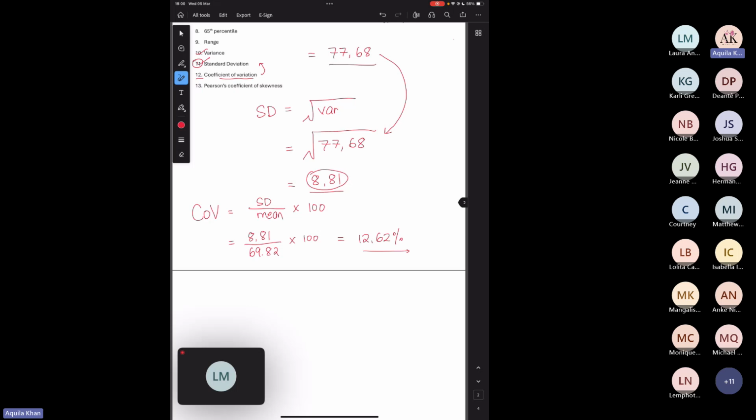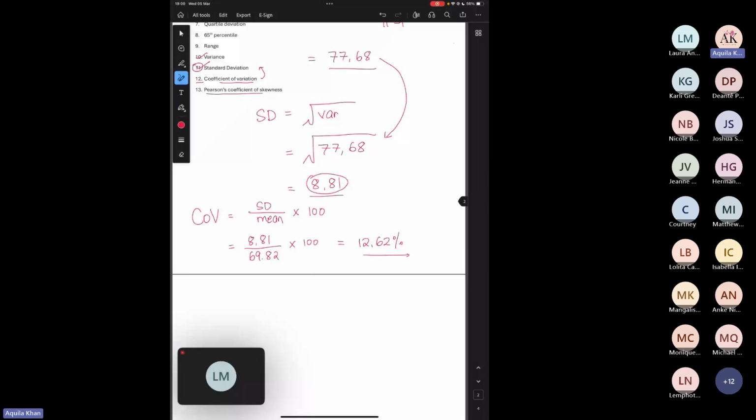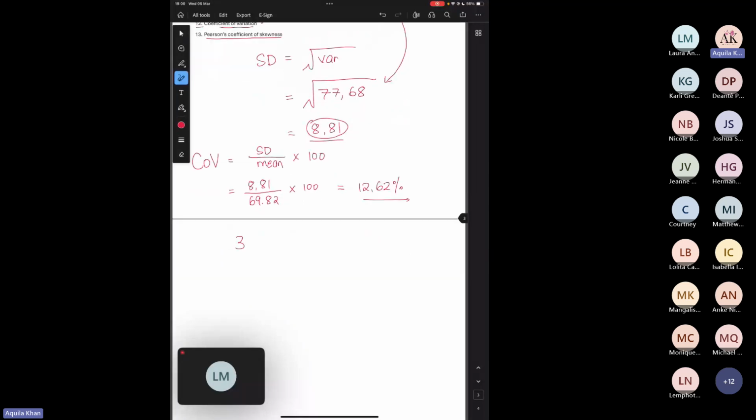And the last calculation then is Pearson's coefficient of skewness. So this is also a specific formula that needs to be used for it. The formula is in your formula sheet again. So for your exam, you don't need to worry about learning this. And this is the formula. So the nice thing about this formula is that most of the time, the figures that go into it have already been calculated.